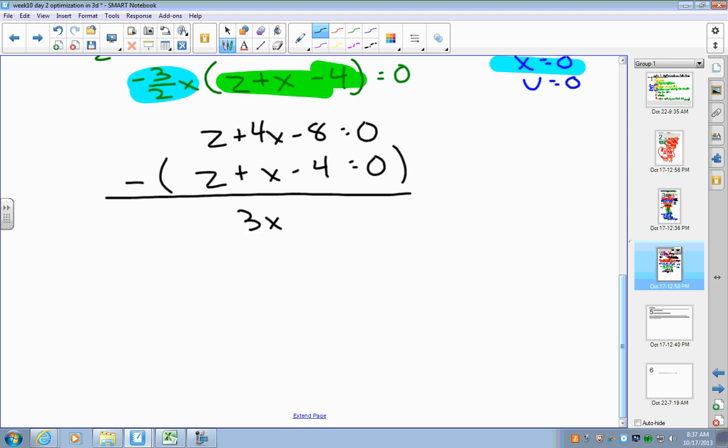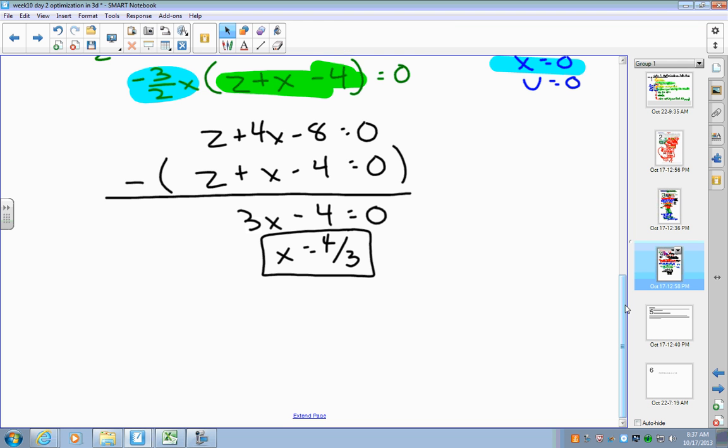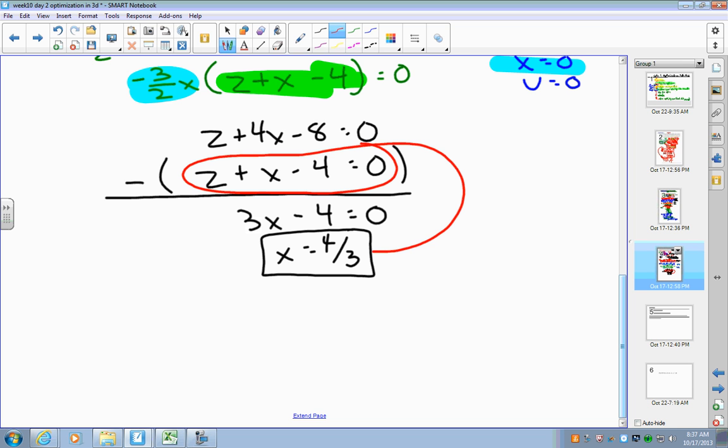So negative 8 plus 4 is minus 4. So x equals 4/3.